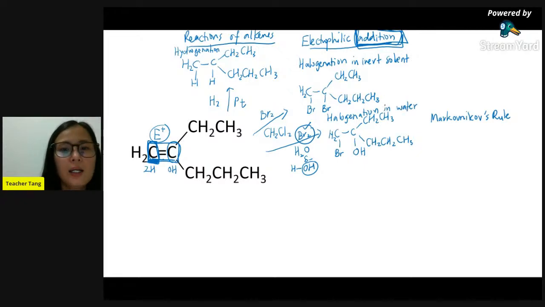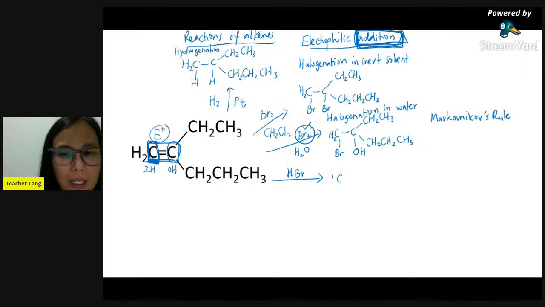Okay, besides halogenation, the other day we also saw hydrohalogenation, for example HBr. Again, this is electrophilic addition, which means your carbon-carbon double bond will become a single bond.